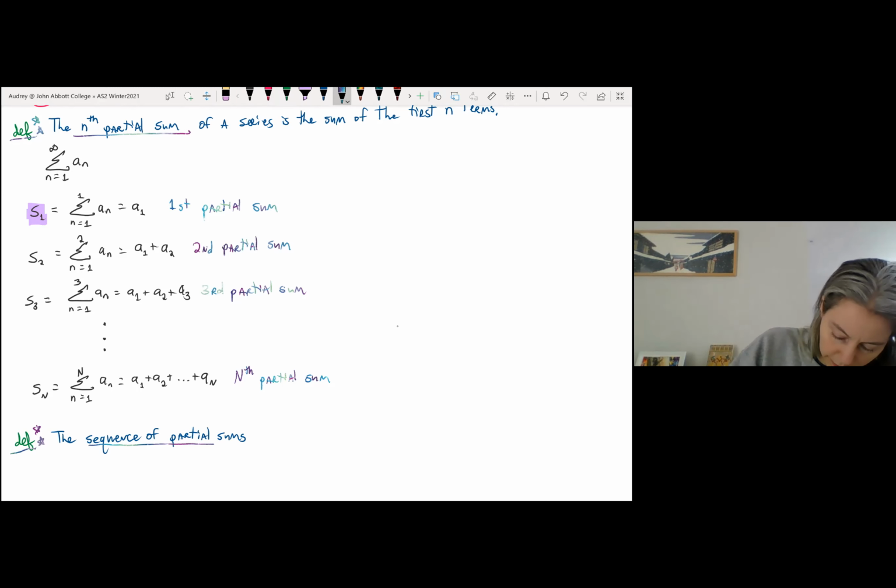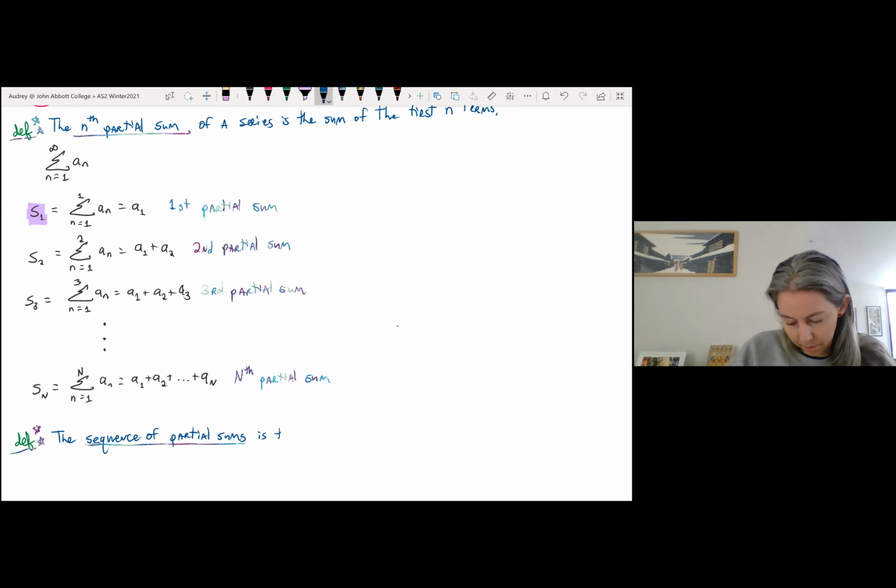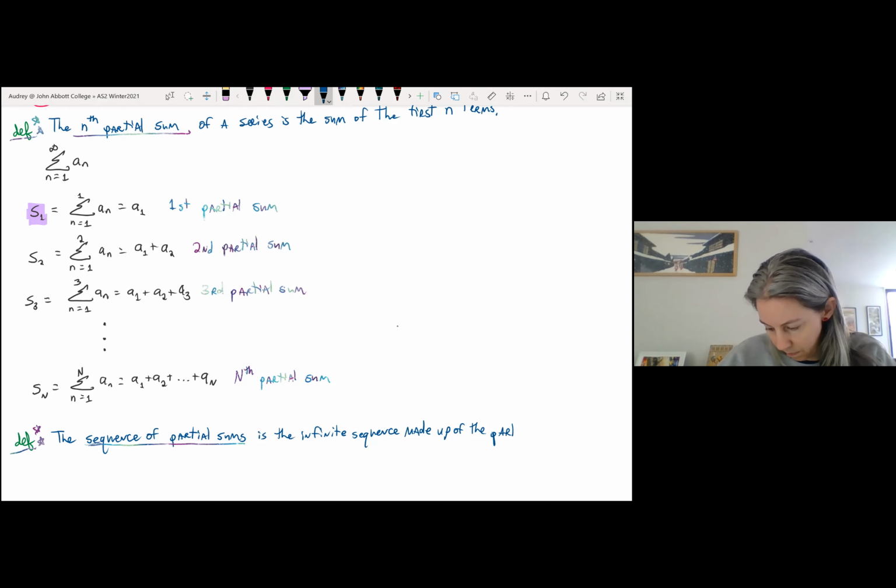The sequence of partial sums is the infinite sequence made up of the partial sums of a series.